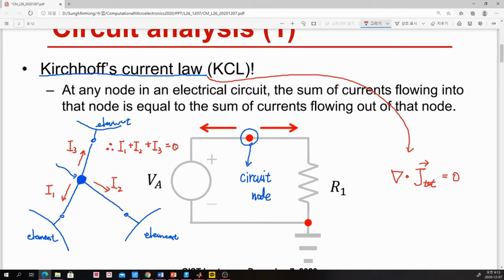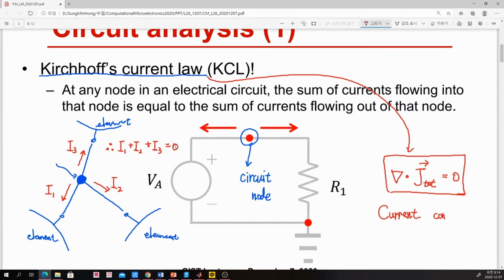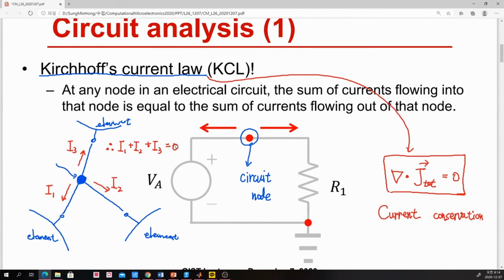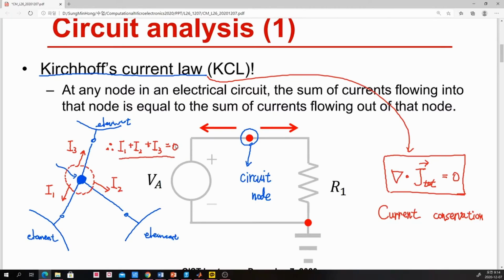conservation. You know that here we have this form, which simply means current conservation, and this is consistent with our Maxwell equation. When we make a volume integration of this current conservation law over a certain volume, for example nearby or over a volume covering this circuit node, then eventually we have Kirchhoff's current law.